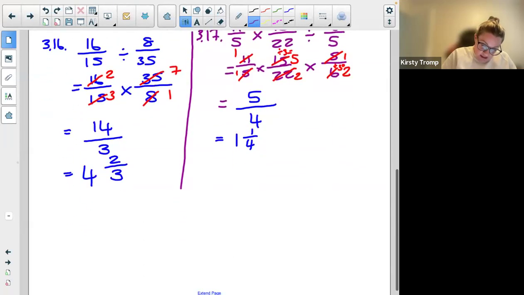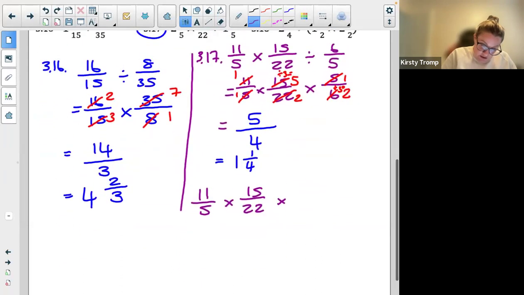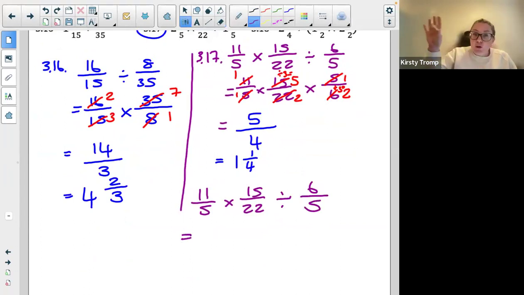So he started with 11 over 5 times 15 over 22, divided by 6 over 5. I'm going to ignore the division till last, so I'm going to start here, like Kagi said he did.